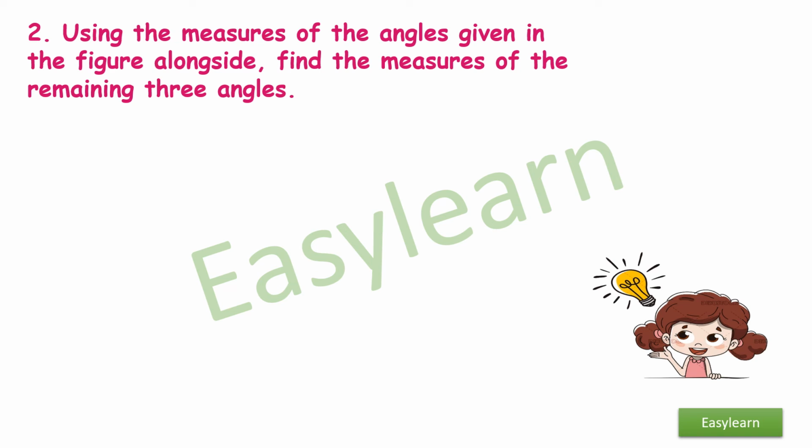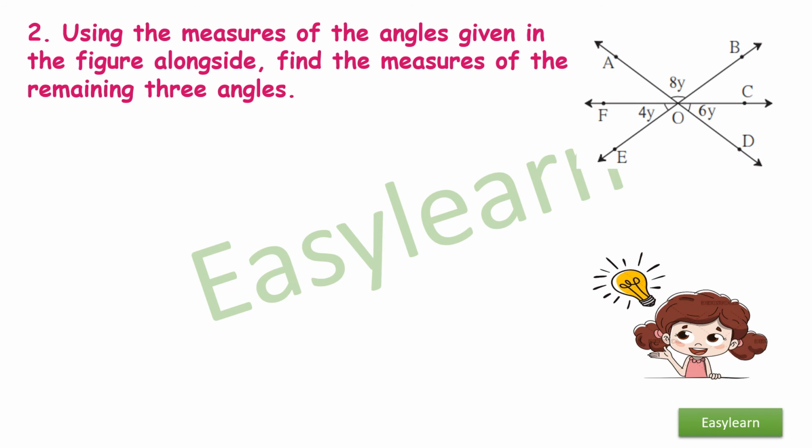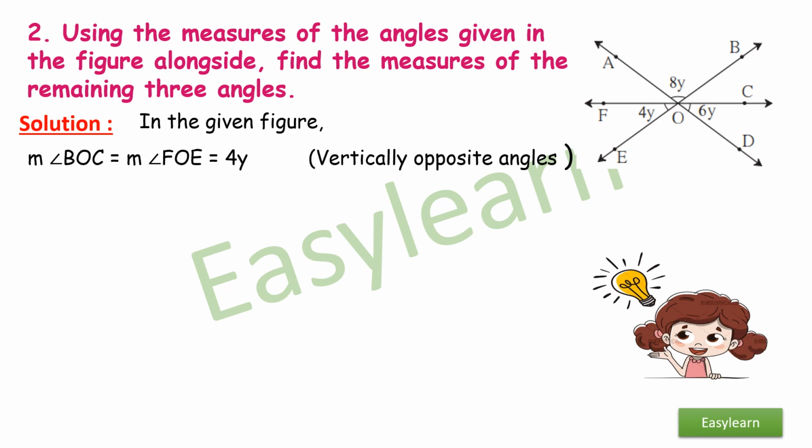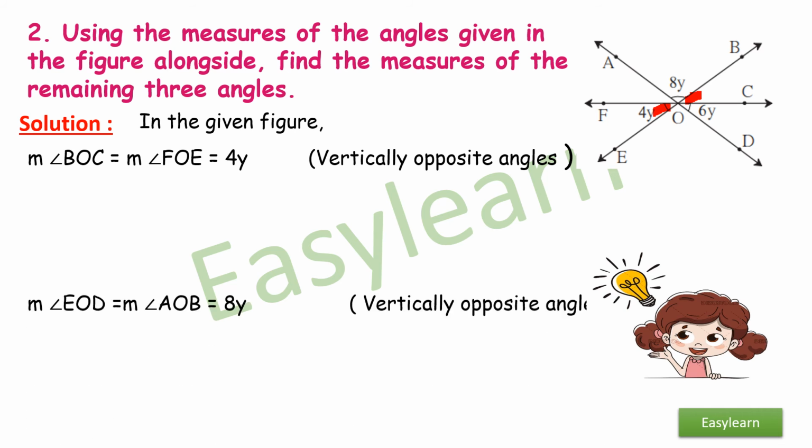Using the measures of the angles given in the figure alongside, find the measure of the remaining 3 angles. Solution. In the given figure, measure angle BOC and this angle are vertically opposite angles. Therefore, it is 4y.